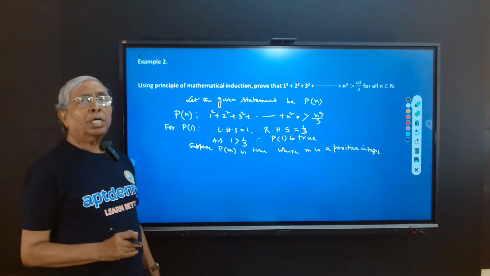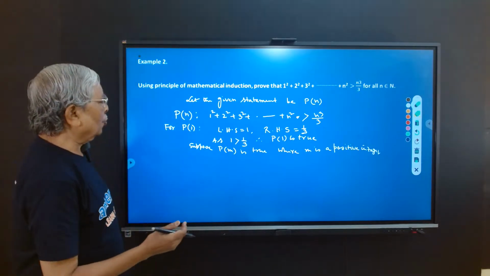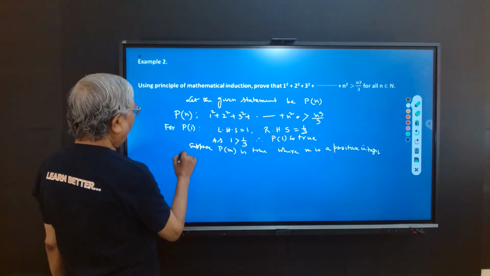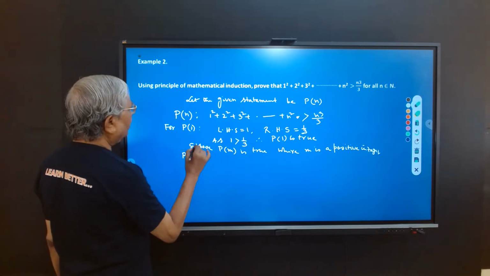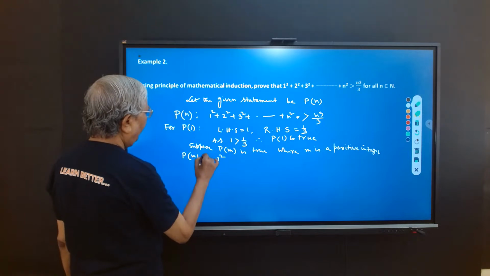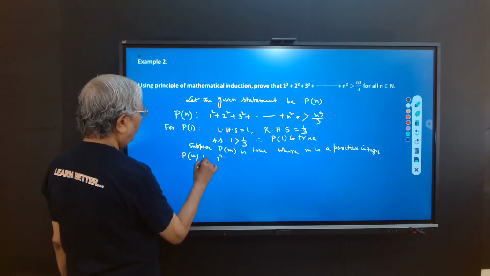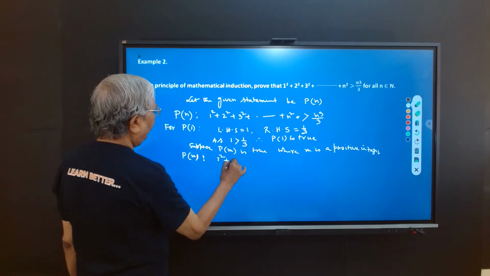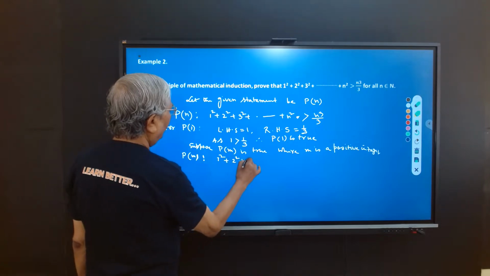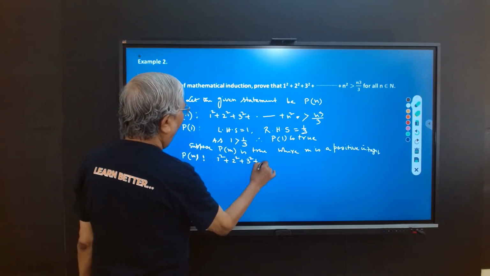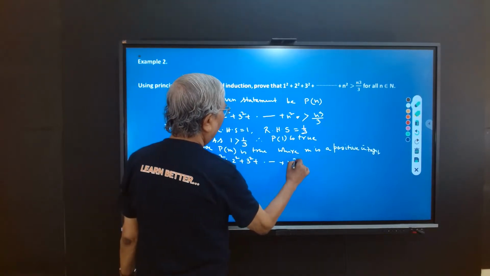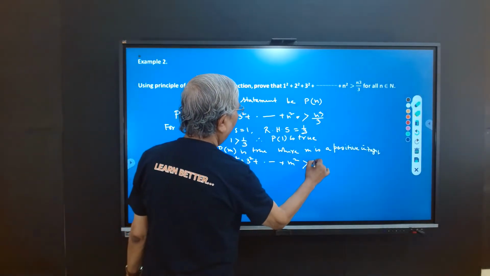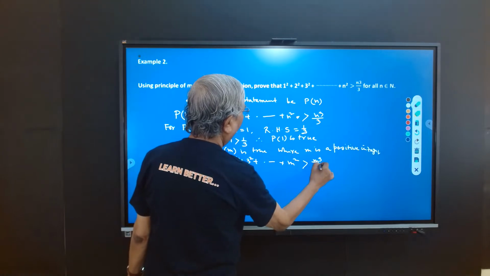From this, you have to show that Pm plus 1 is true. Therefore, you are given Pm, which means 1 square plus 2 square plus 3 square up to m square is greater than m cube by 3.